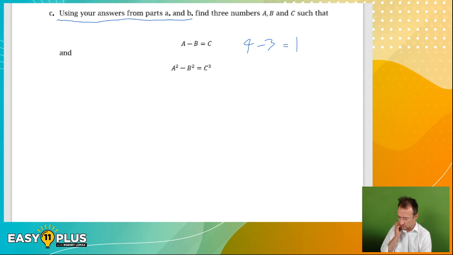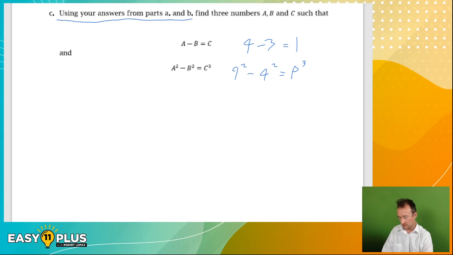A squared minus B squared equals C cubed. So that would be something like if I said, I don't know, 9 squared minus 4 squared equals something or other, call it P cubed.